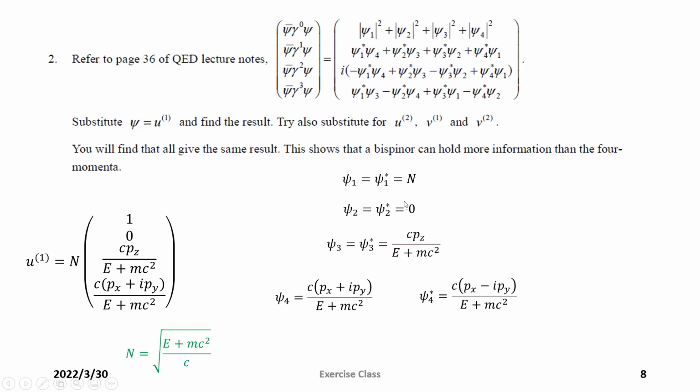And we can obtain each component by observation. Psi 1 is n, and psi 2, the second component, is 0, and psi 3 and psi 4 are like this. And for the complex conjugate, we just change plus i to minus i.